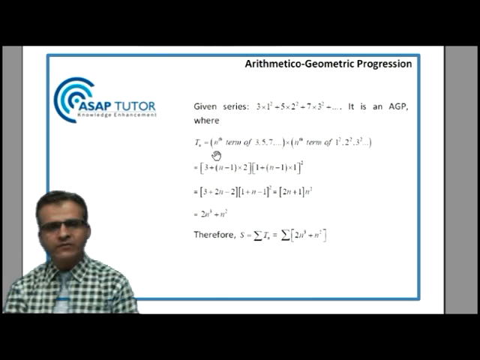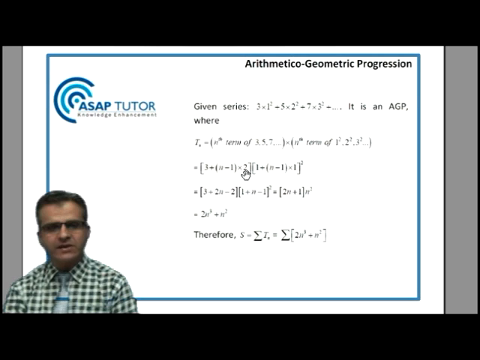Now the nth term of 3, 5, 7 is an arithmetic progression, so it will be equal to 3, because 3 is the first term, plus n minus 1 into 2, the common difference, multiplied by, here also the first term is 1, so 1 plus n minus 1 into the common difference 1, whole raised to the power 2.